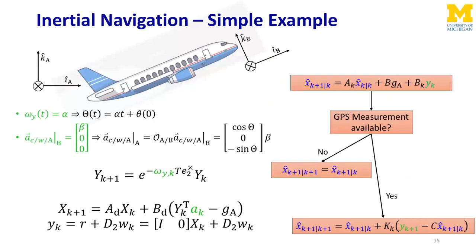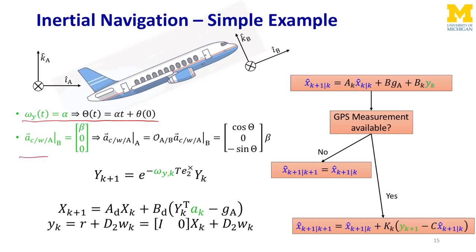So let's revisit our previous example. We have this airplane which goes up and down in the i_A k_A plane, rotating about the j_A axis. I'm going to assume that we have a constant angular velocity, so I know exactly what theta is. This allows me to calculate the true orientation and thus the true position.